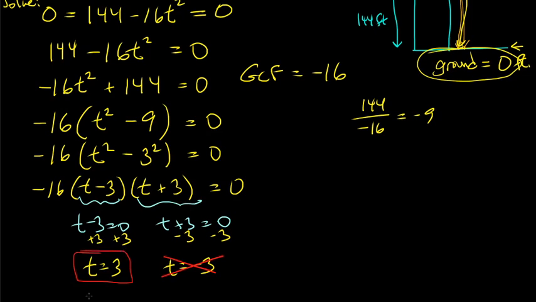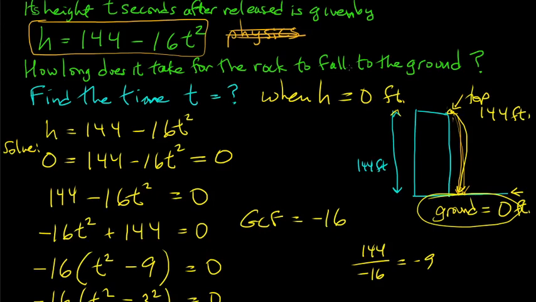Since we want to go forwards, I think the 3 seconds makes the most sense here. So how long did it take for the rock to hit the ground? It took 3 seconds. Right? So t is equal to 3 seconds. You can abbreviate s for seconds or just write out 3 seconds.